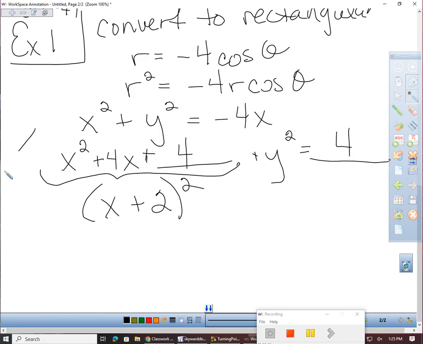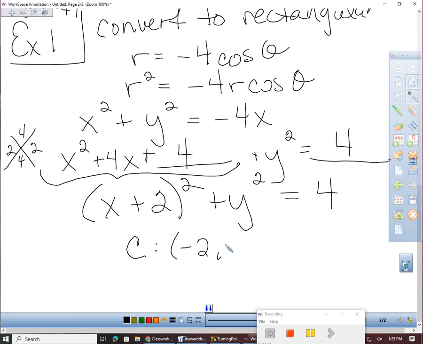So I get x plus 2 squared, plus y squared equals 4. This is a circle with a center at -2, 0 and a radius of 2.